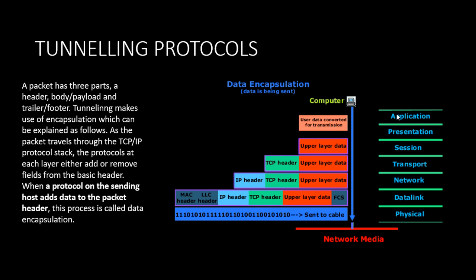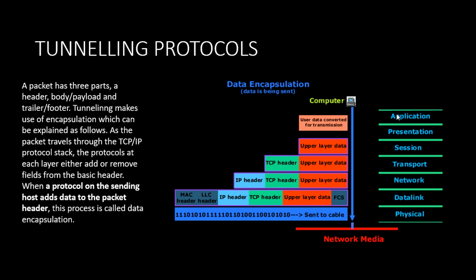As the packet travels through the TCP/IP protocol stack, the protocols at each layer either add or remove fields from the basic header. When the protocol on the sending host adds data to the packet header, this process is called data encapsulation. So if you are looking at the diagram, if you are going upwards, that's decapsulation, because you are taking away information from the header.